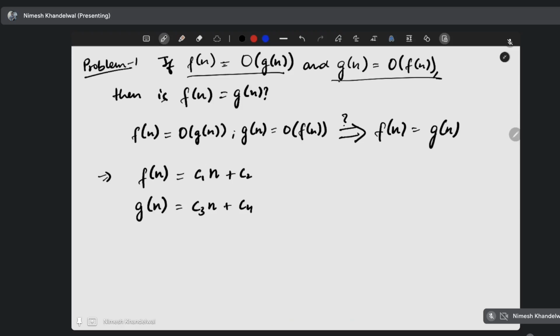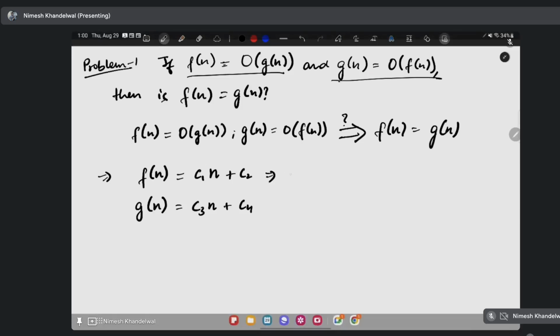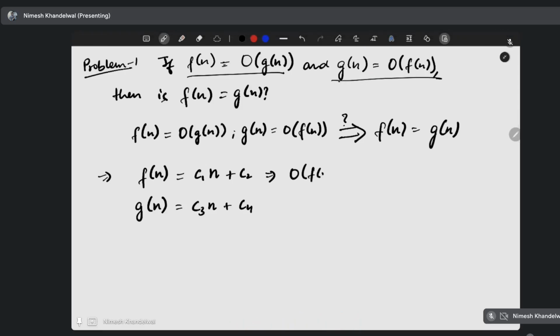So from this, what is the complexity of f of n? That is basically n, because this is linear in n. And similarly, the complexity of g is also O of n.